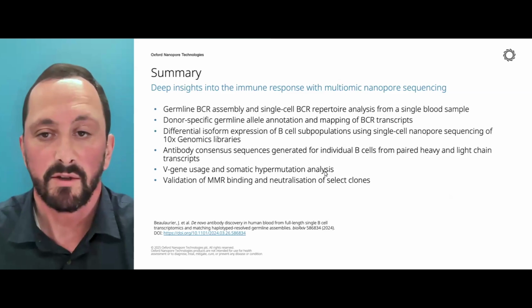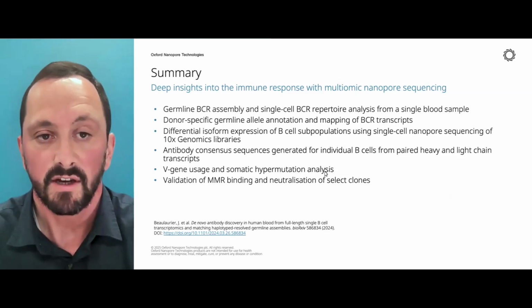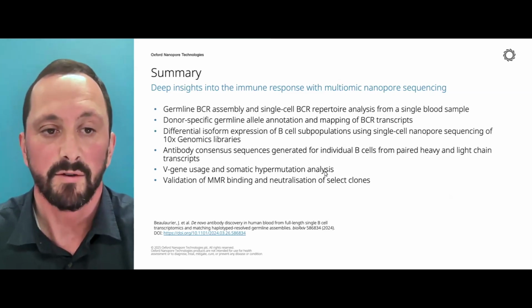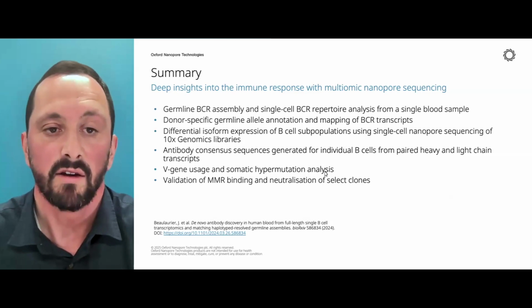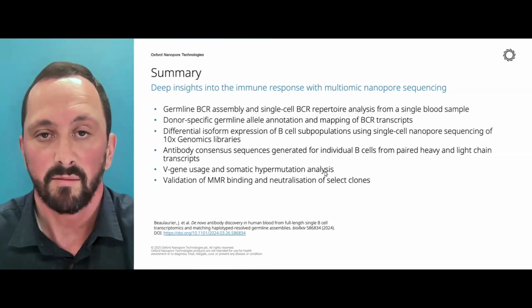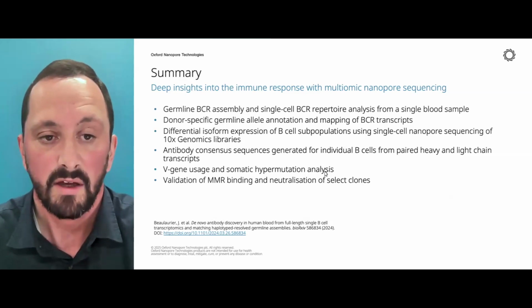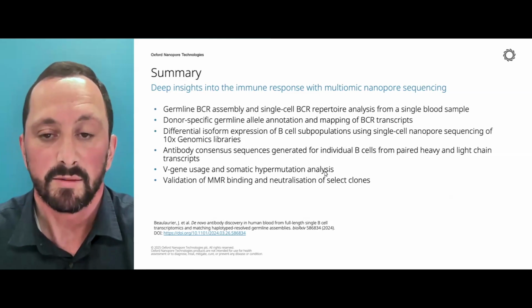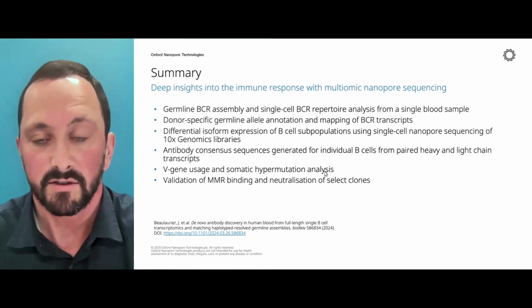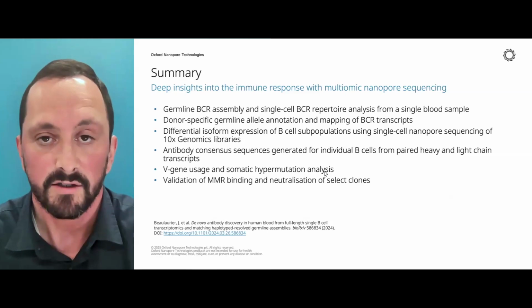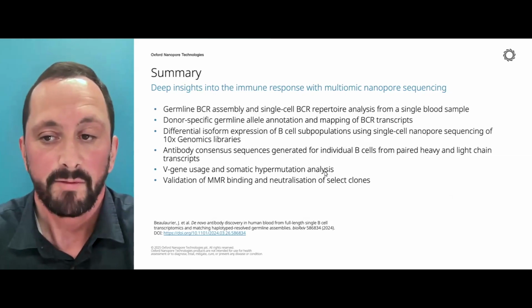Okay, so in summary, we took a multiomic approach for studying the immune system and the immune response. This was based on both the germline B cell receptor assembly and also pairing that with single cell B cell receptor data, antibody data. This was donor specific so that we can map the transcripts that we had back to the germline allele annotations.